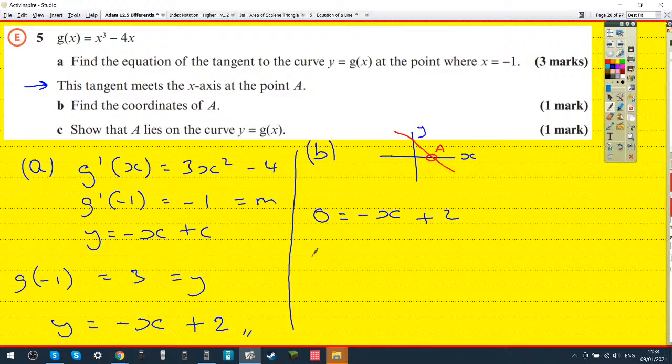And then we can minus 2 on both sides. So minus 2 equals minus x. And then we can times by minus 1 on both sides. Which gives you minus 2 equals x. Minus 2 times minus 1? Oh yeah, so it'd give you 2. That's it. And so coordinates of A?